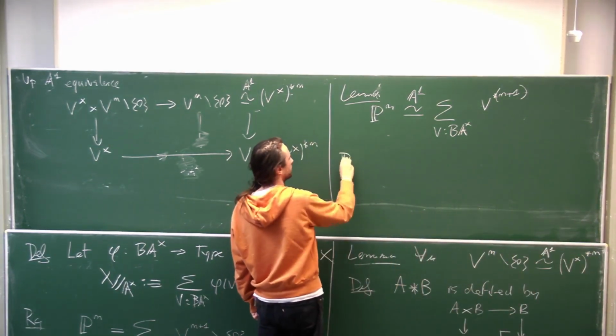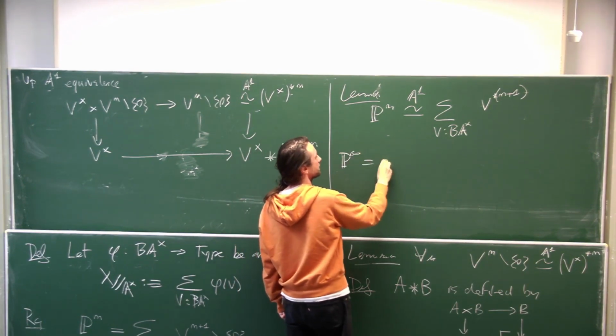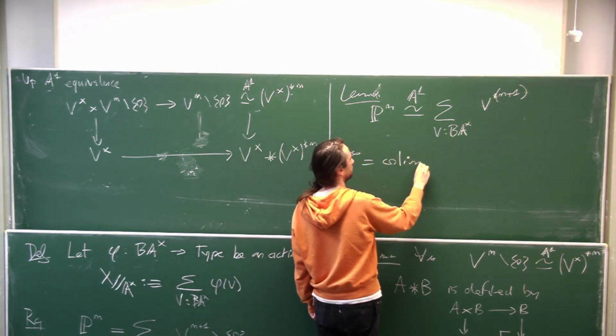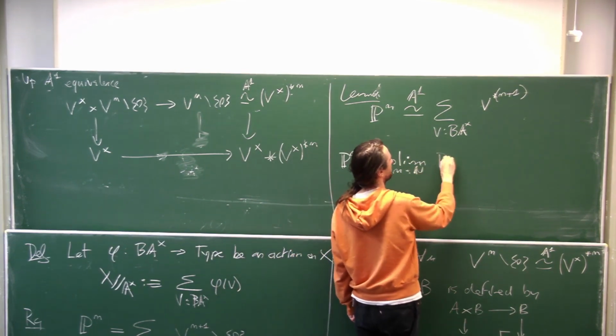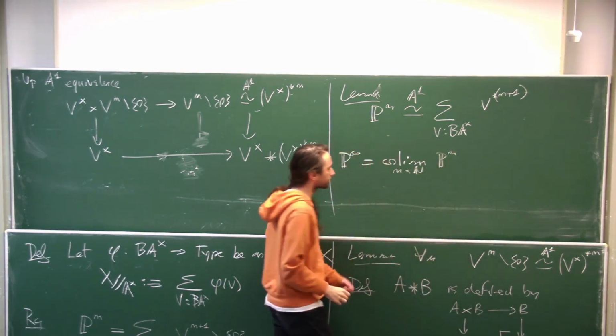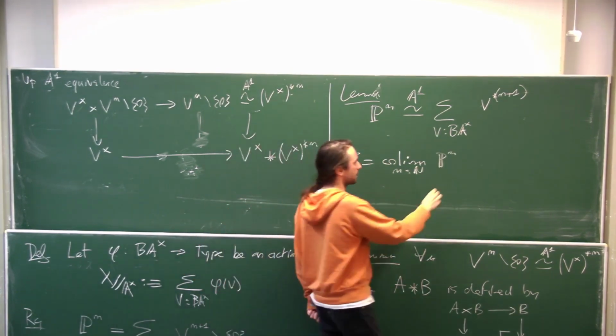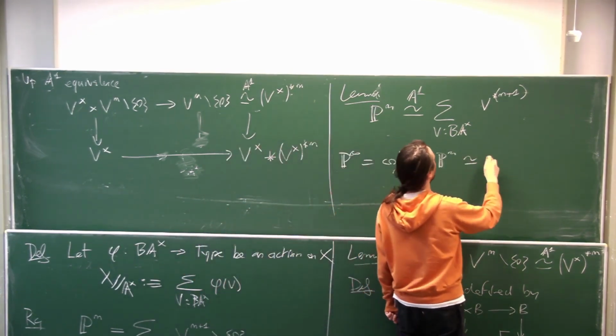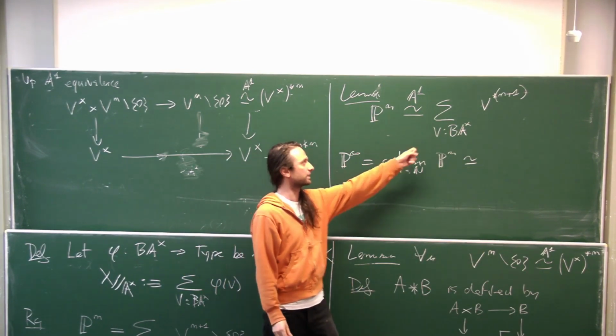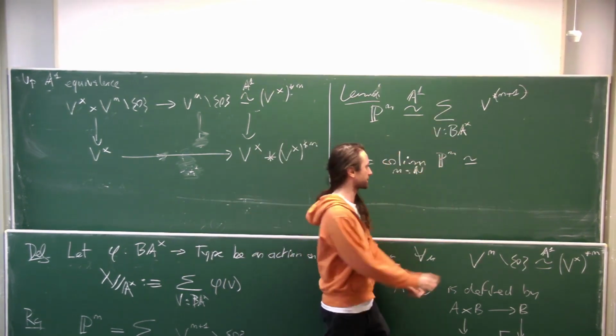Because P infinity is the colimit on n, a natural number, of Pn. So you have an increasing map, but actually you can swap the sequential colimit with the sigma types.